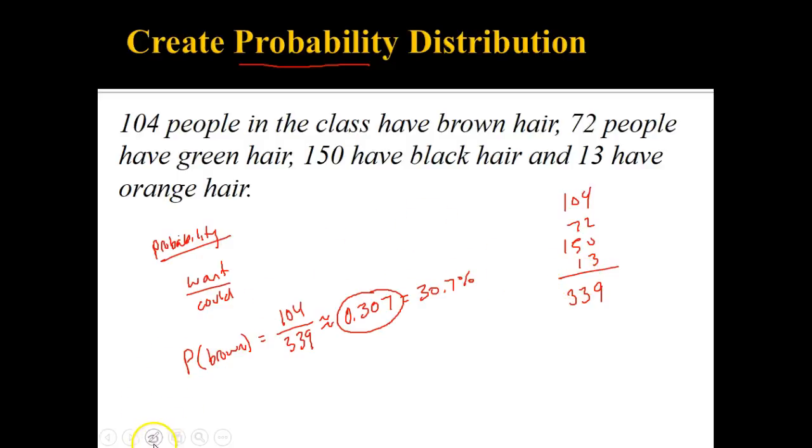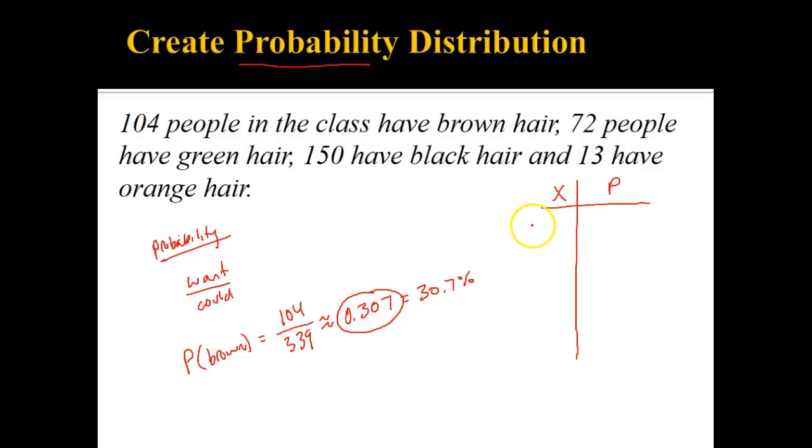And so let's start working on a chart here. We'll put our chart, and we'll have X. X is the data that we're counting, and then we'll have P. P is the probability.